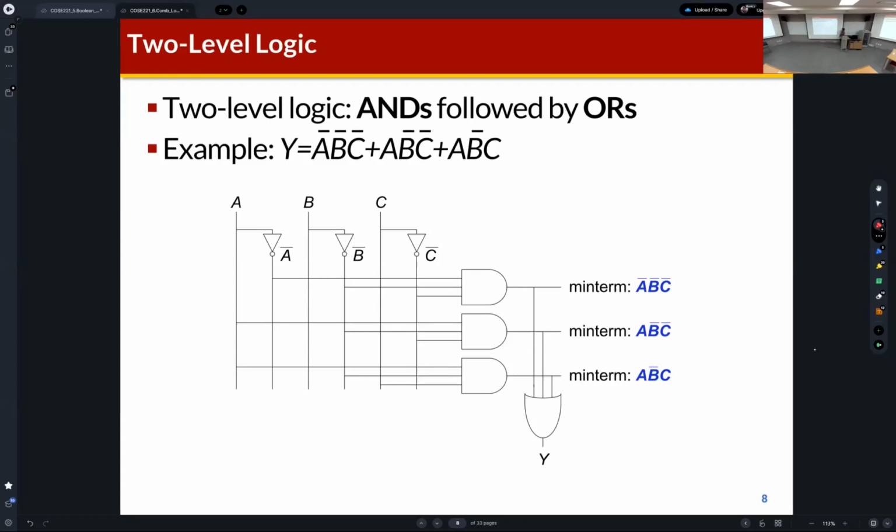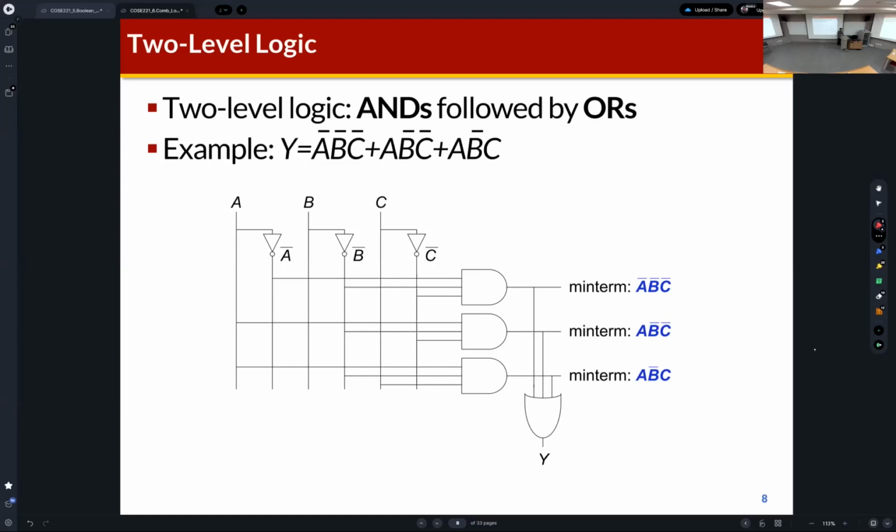So what can you see? These are inputs. If you see this equation, you can find some literals, like A and A bar, B and B bar, and C and C bar. And then these are generated into min terms like A bar, B bar, C bar, and so on. So we can generate all the literals, A and A bar, B and B bar, and C and C bar, like this.